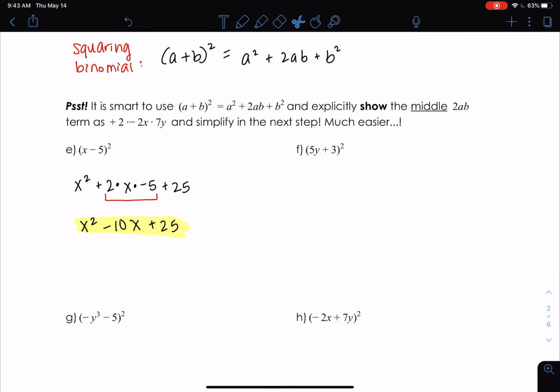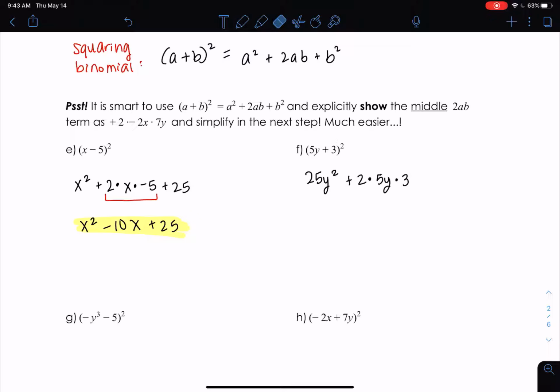So let's try the shortcut one more time. For f, we're going to square the first term. 5y times 5y is 25y squared. Next, we're always going to write plus 2 times. If this is my a and that's my b, we're writing 5y times 3.